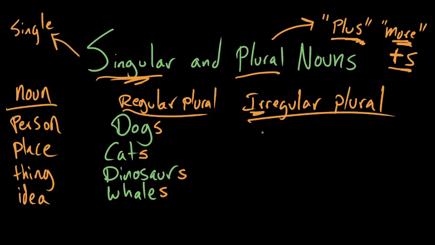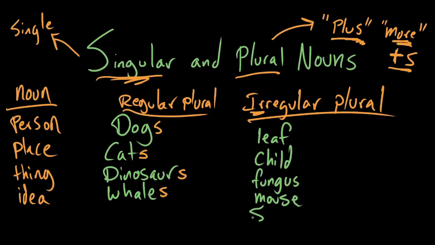So now we have words like leaf and child and fungus, which is like a mushroom, mouse, and sheep. You can't just add an S to these. That's unfortunately not how these nouns work in English. You can't say leafs and childs and funguses and mouses and sheeps.